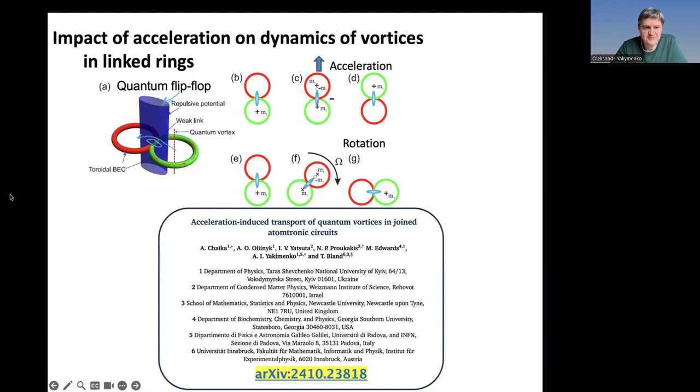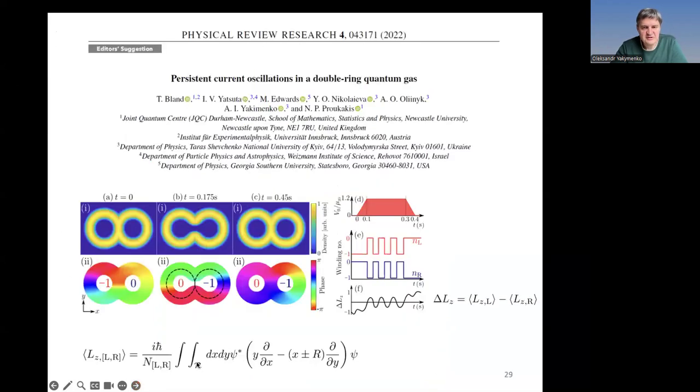That's the idea. And indeed, we have seen that such a system could be affected by acceleration. But first, let's discuss a very simple system, which demonstrates already interesting physics.